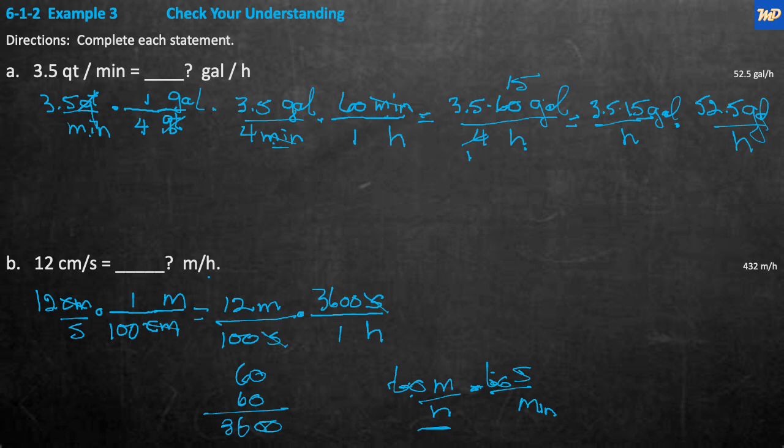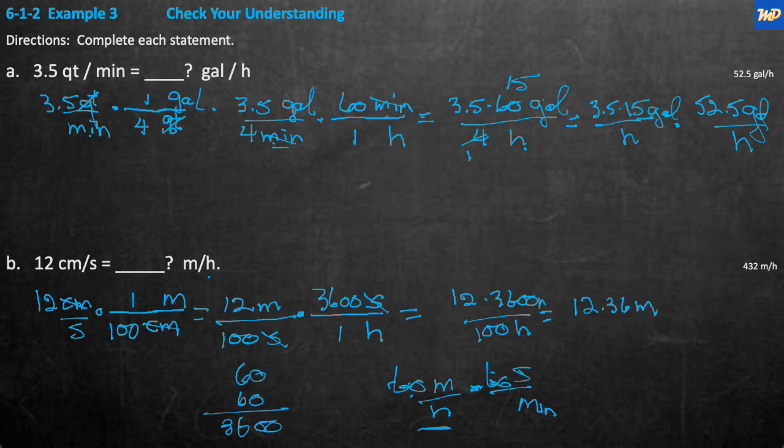I'm now left with 12 times 3,600 divided by 100 hours. I can divide the 100 into 3,600 and get 12 times 36 meters.